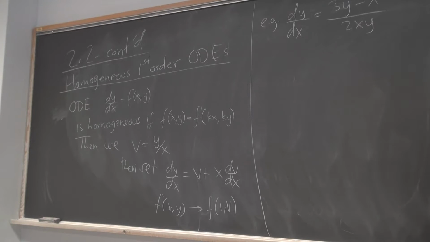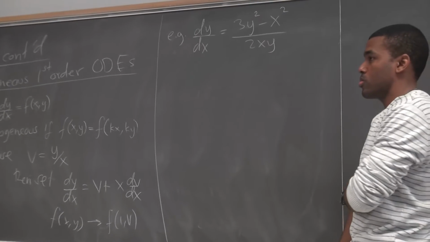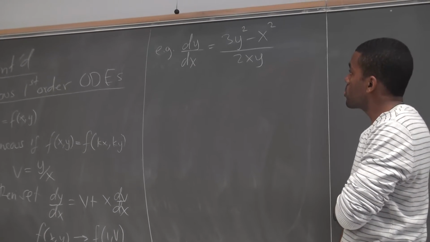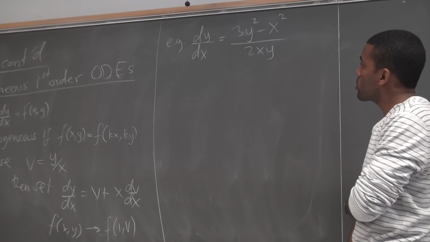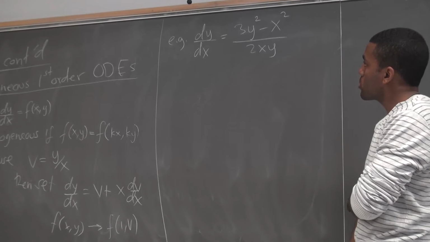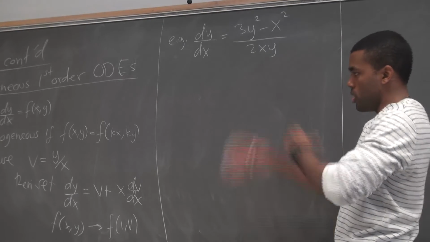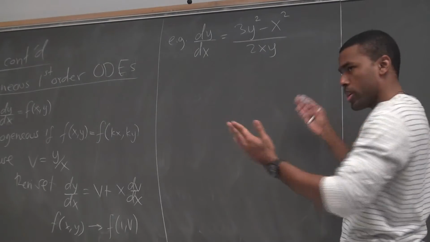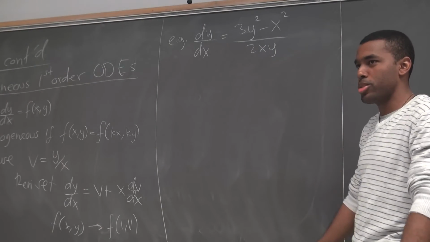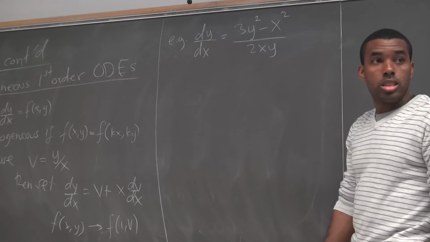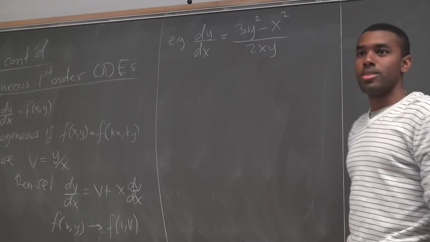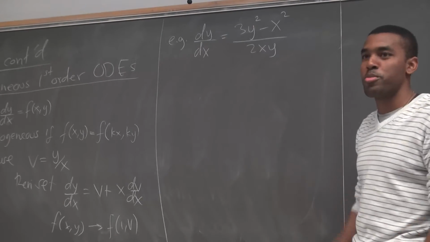If you see this on a test, what do you do? Multiply the top and the bottom by 1 over x squared to check if it's homogeneous. You're on a test, and this pops up. What's the first thing that goes to your mind? Is it separable?